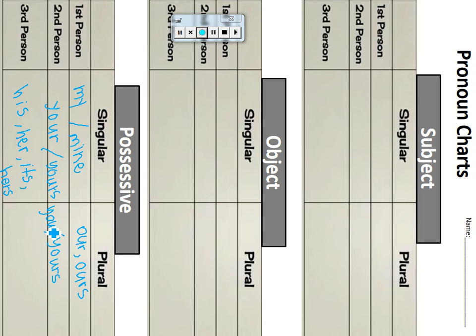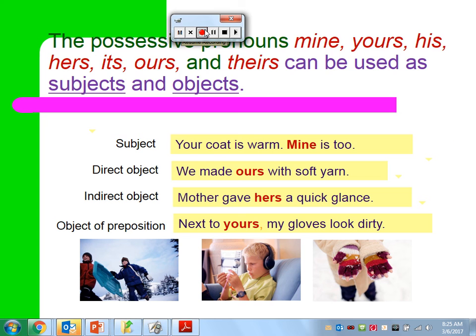So this could be your or yours. Okay? Second person always is very similar for singular and plural. Okay? Third person, their or theirs. So pause this if you don't have everything down yet, because I'm going to move on.